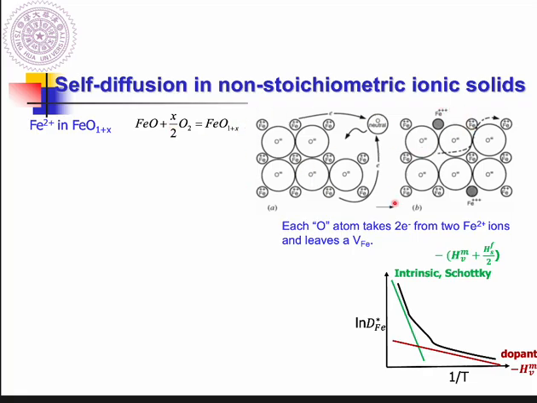So in order to interpret why some iron with two positive charge is now converted to three positive charge, I have a simplified cartoon to represent FeO. We have O here and iron around it. Then what happened here is it converts to three positive charge, which means that the iron will lose electrons.